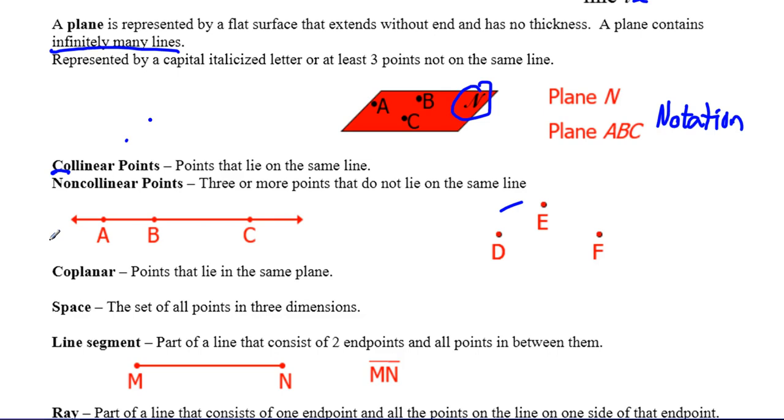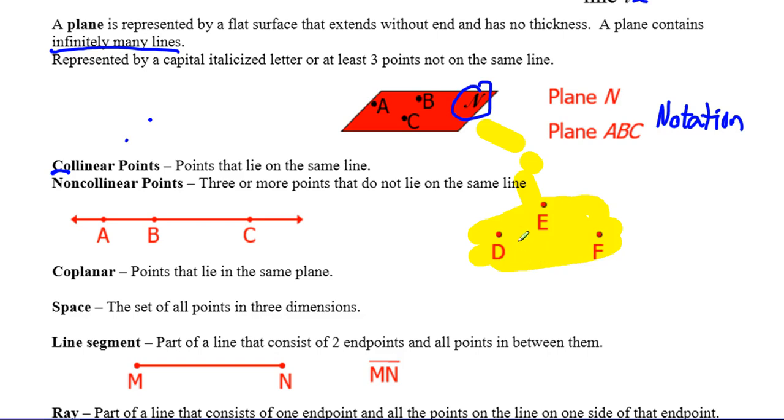So we have collinear, and then we have non-collinear points. So if points are non-collinear, there have to be 3 or more points that do not lie on the same line. And this over here is our example. Sorry for the crazy highlighting, getting used to this board. D, E, and F. Those are non-collinear.